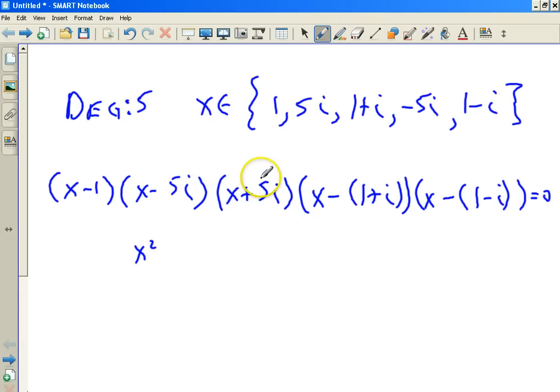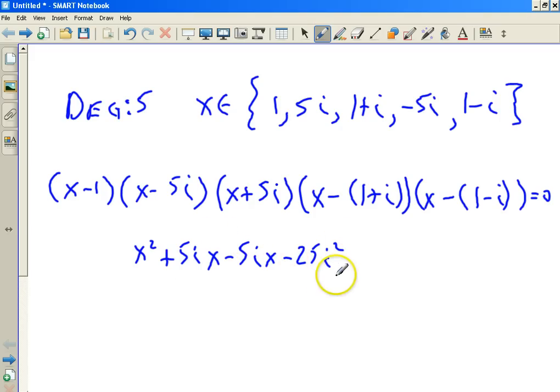Outer terms, plus 5ix. Inner terms, minus 5ix. And last terms, negative 25 i squared. What happens to these guys? They cancel.